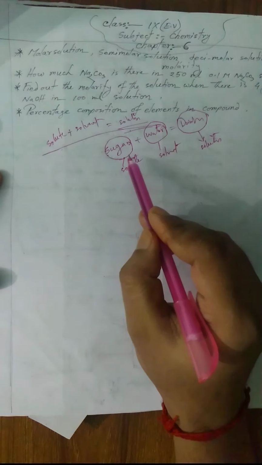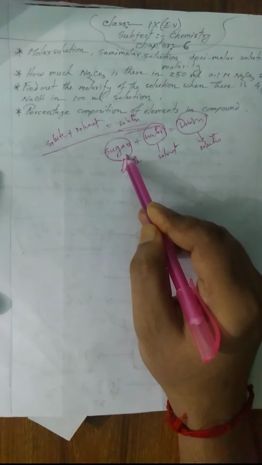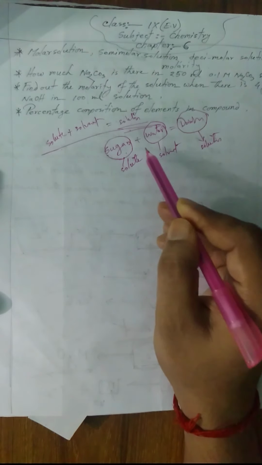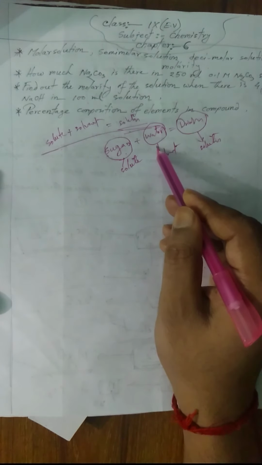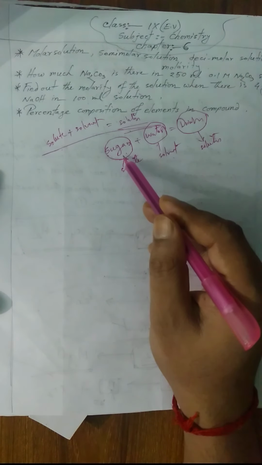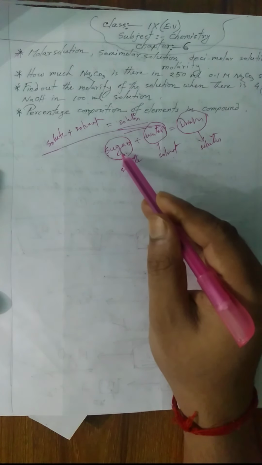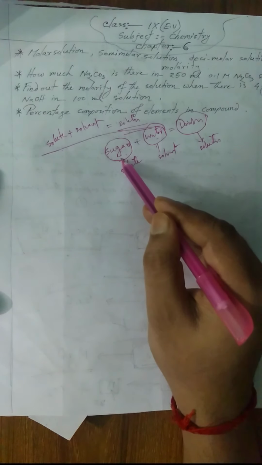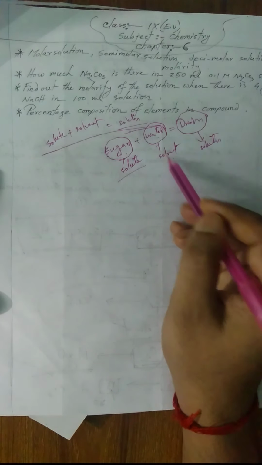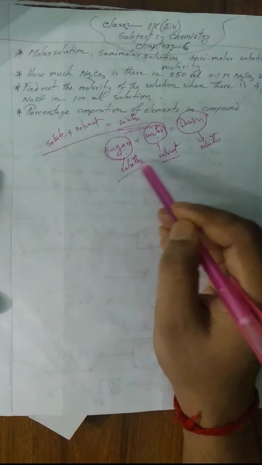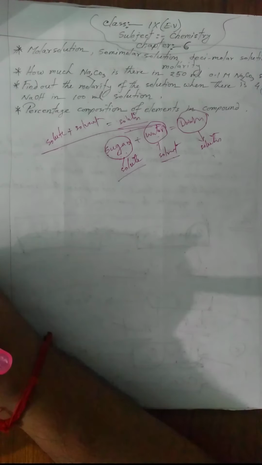So there are three terms: solute, solvent and solution. The substance which is added in solvent, that means you added sugar in water. So sugar is solute and water is solvent, and the mixture of sugar and water is your desired solution, that means the drinks. So these are the terms of solution: solute, solvent.